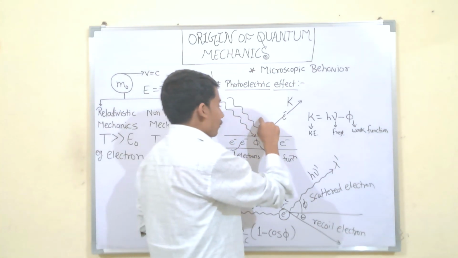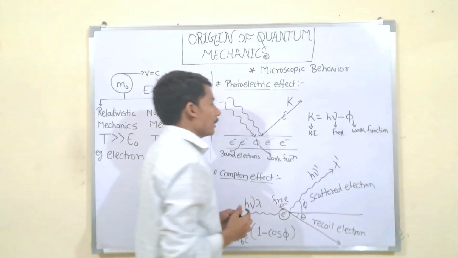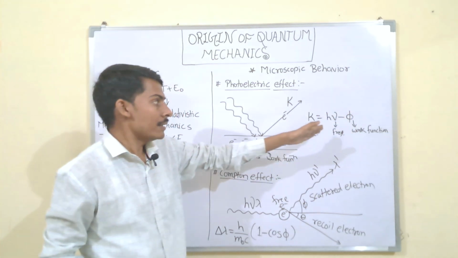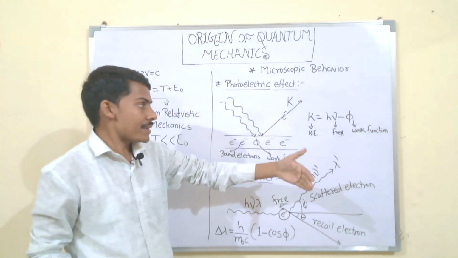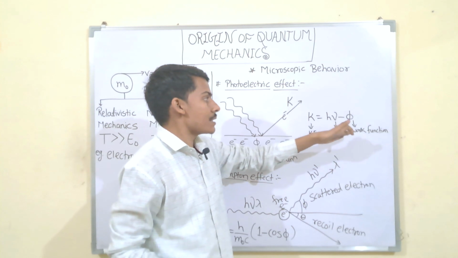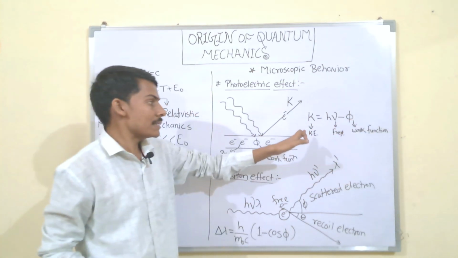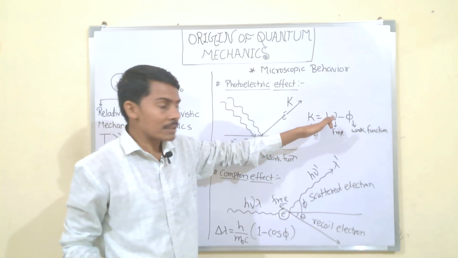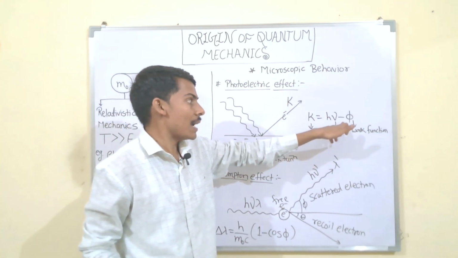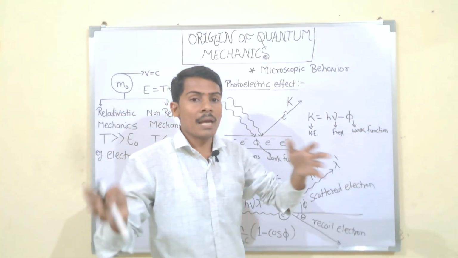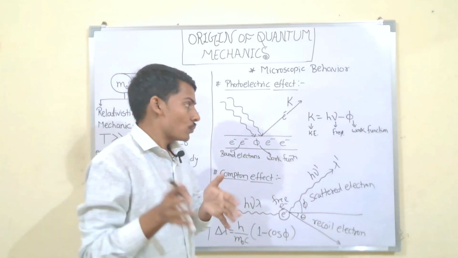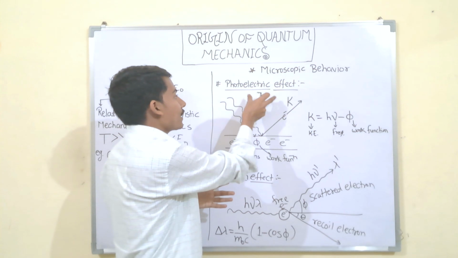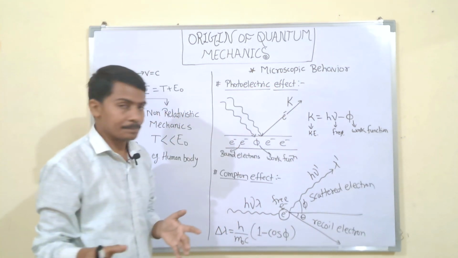Then in the photoelectric effect, electrons are emitted, and we find the equation K equals h nu minus phi, that is the kinetic energy equals h, Planck's constant, times nu, the frequency, minus phi, the work function. And we will find the work function from this effect.